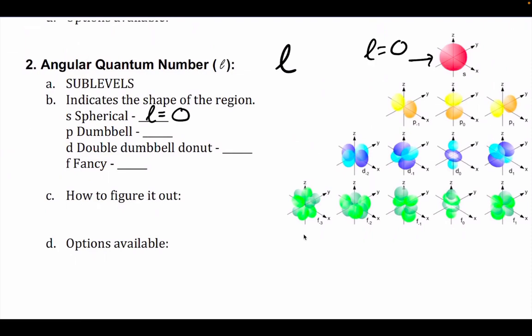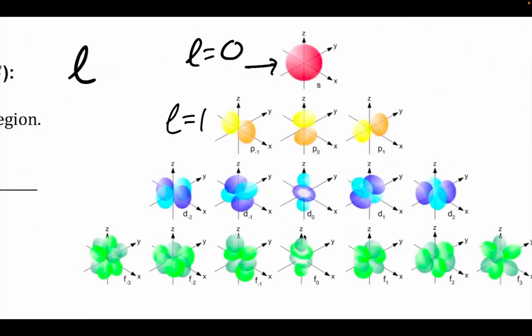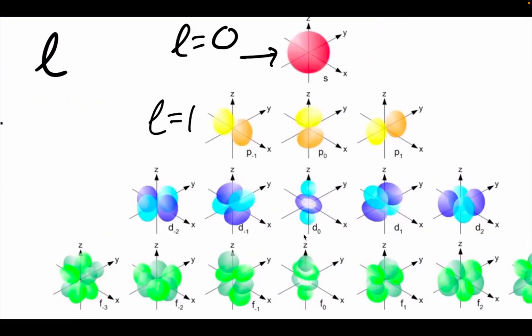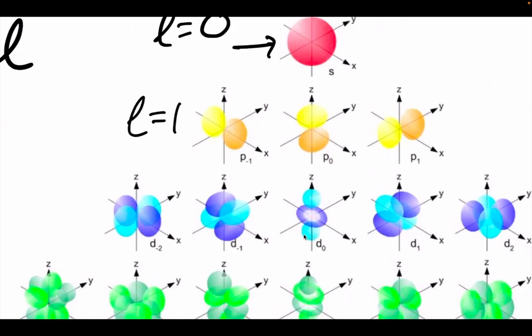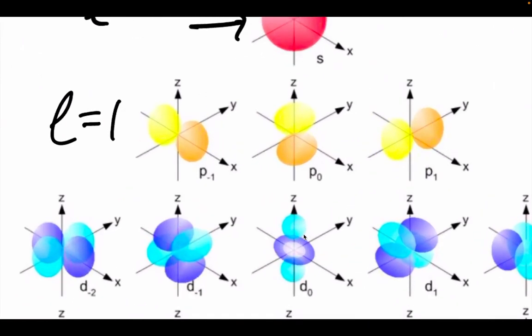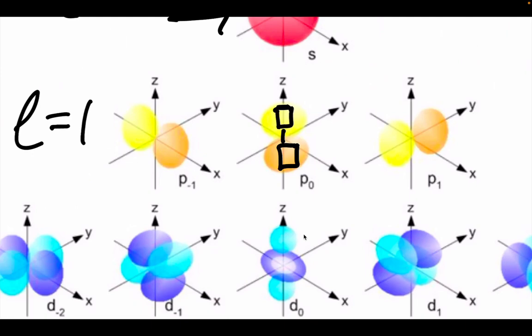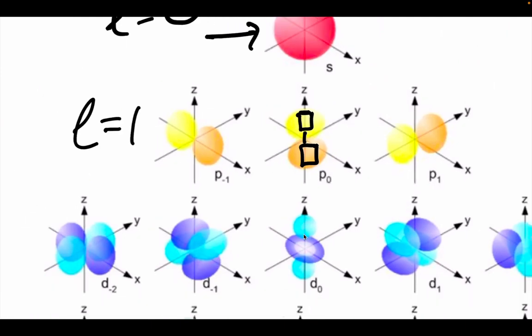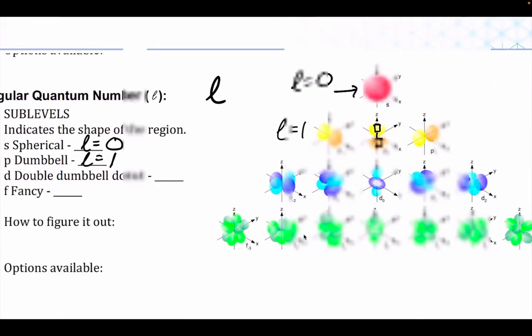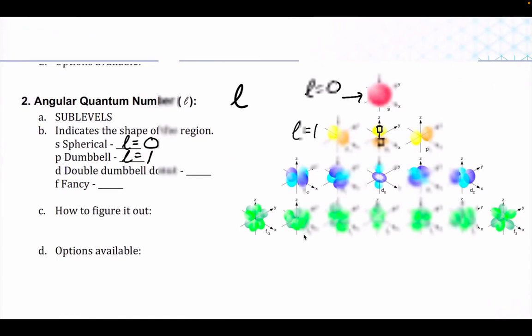If you have a value of L equals 1, then you're going to be talking about these dumbbell shapes. If you think about a dumbbell, it's in the X, the Y, and the Z directions. So those are called P dumbbells.